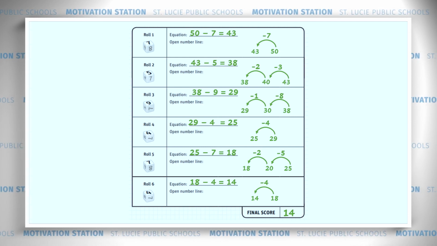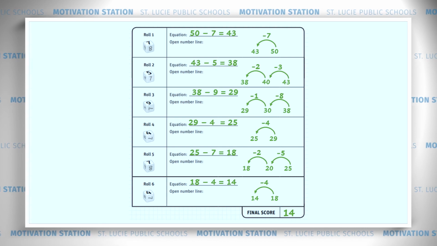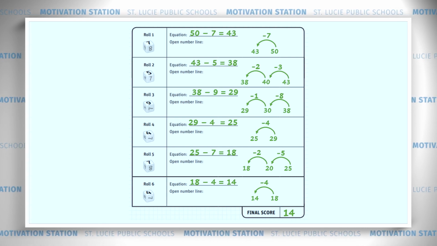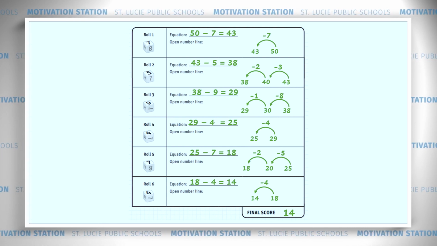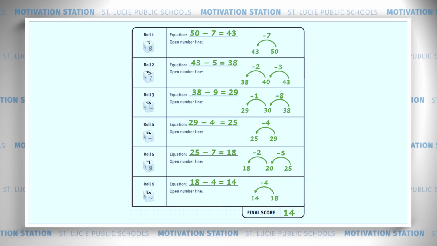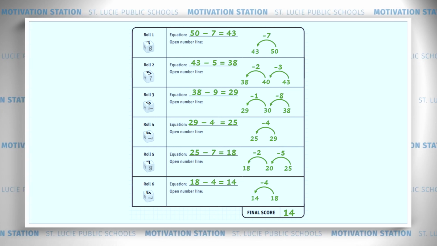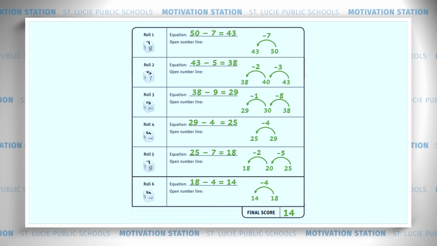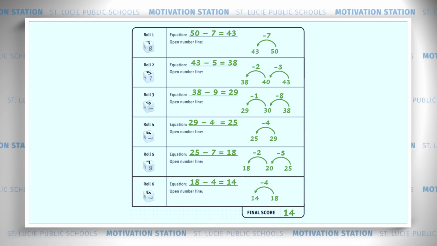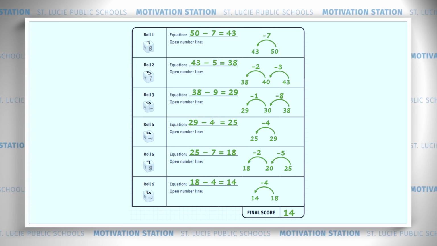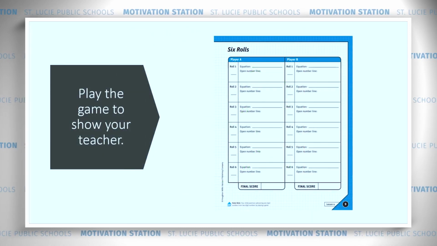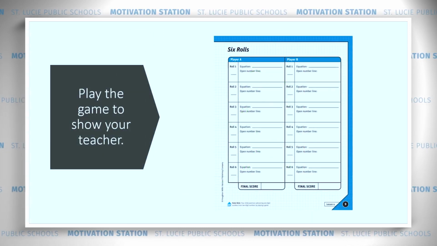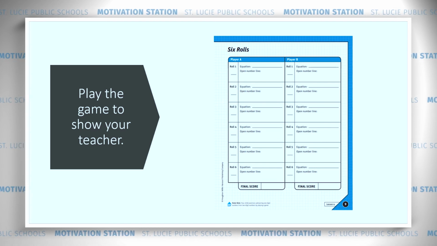Remember, you're going to play this at home. You can play by yourself. You can play with a partner, a brother, a sister, mom, dad, aunt, uncle. You could play against your stuffed animal, or you can try and play against me. You could try to beat the score of 14, see if you can get even lower. Okay. You're going to record your turns on page 9.